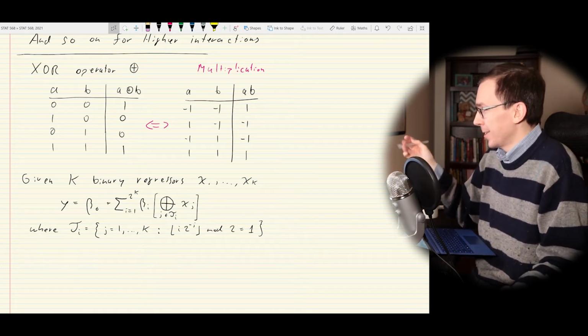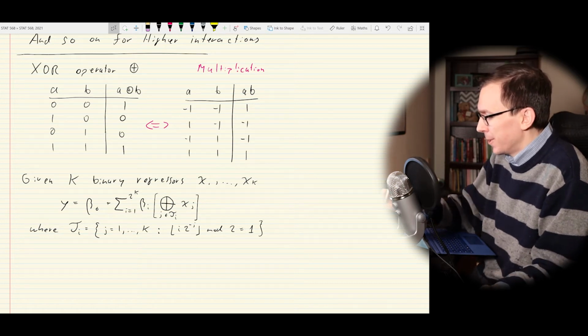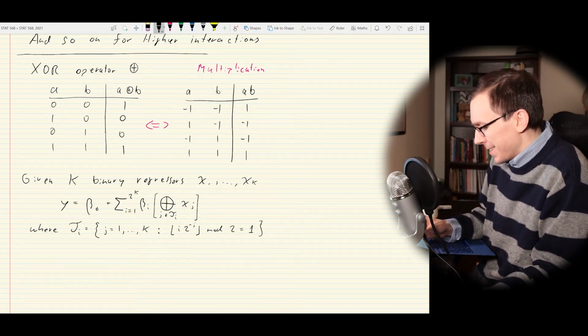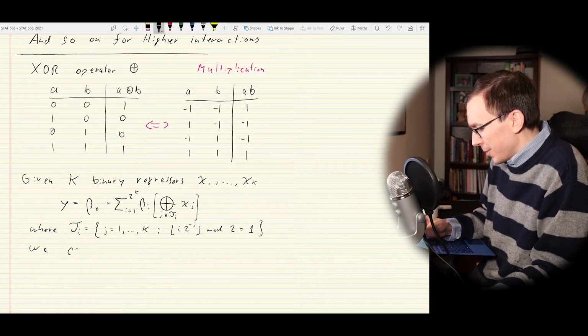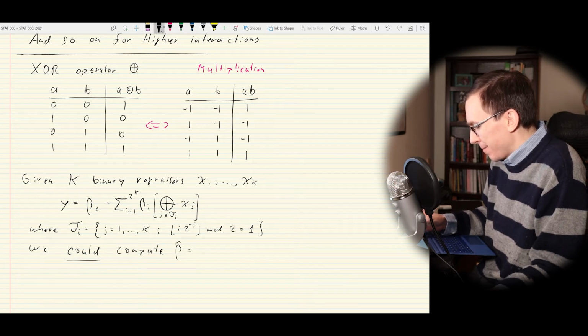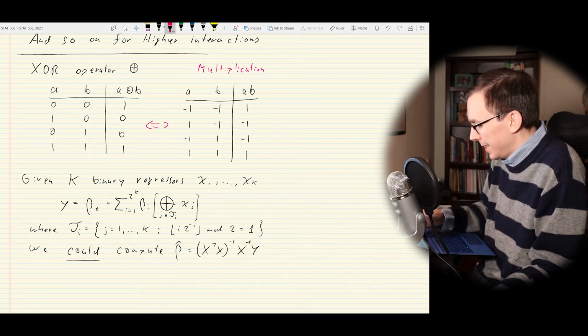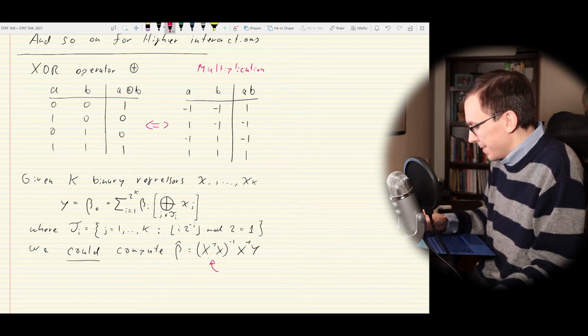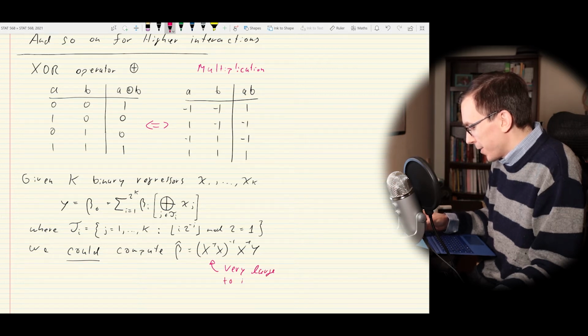Effectively, the point is I can write this out as a nasty large regression equation, and we could compute all the beta hats as usual, but we don't actually want to do that. We could, emphasis on could, compute beta hat as X transpose X inverse X transpose Y, but typically this is very large to invert.